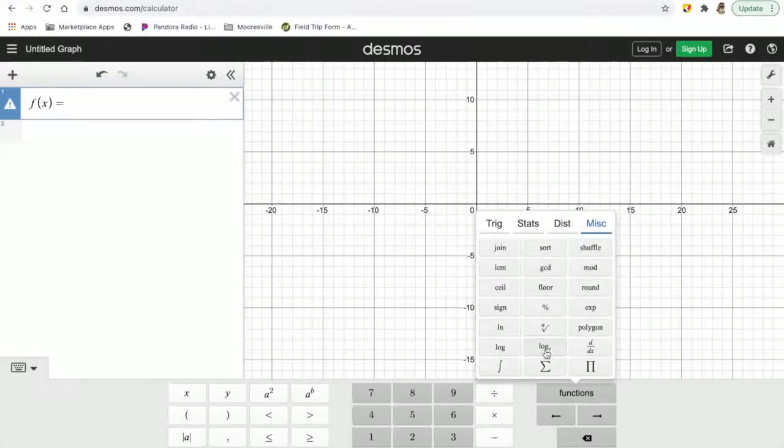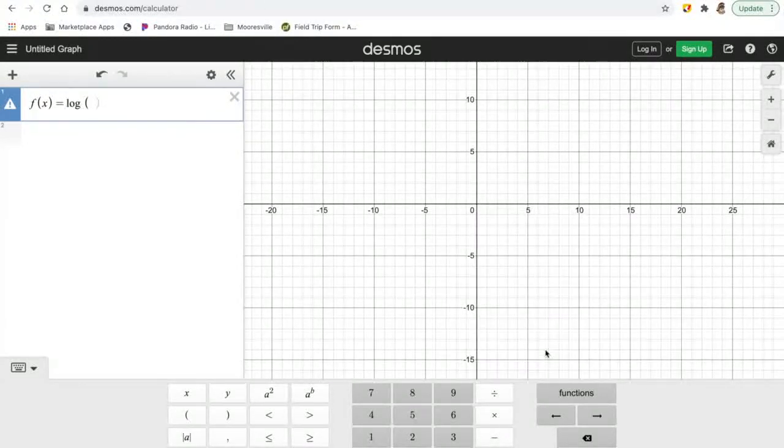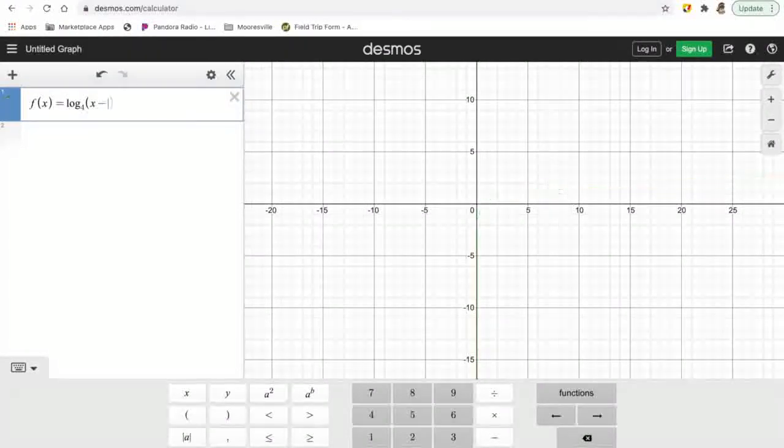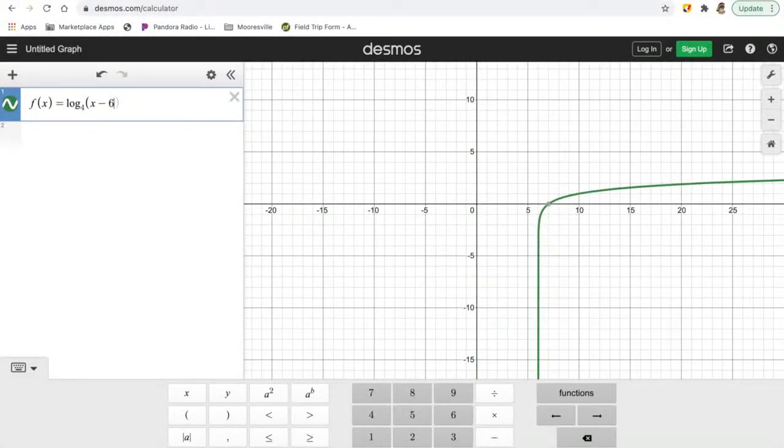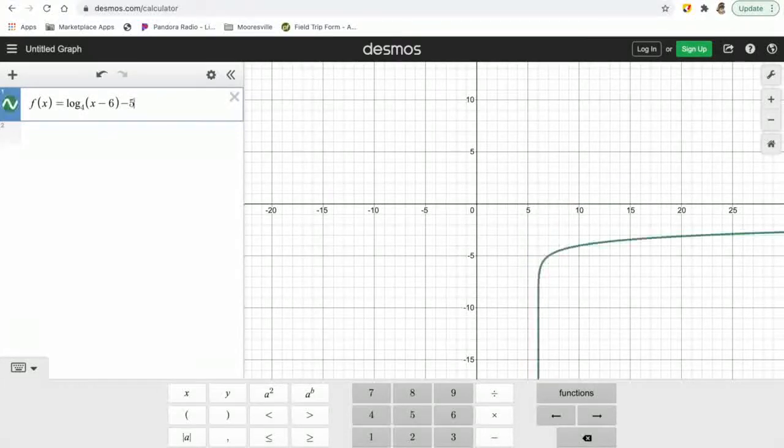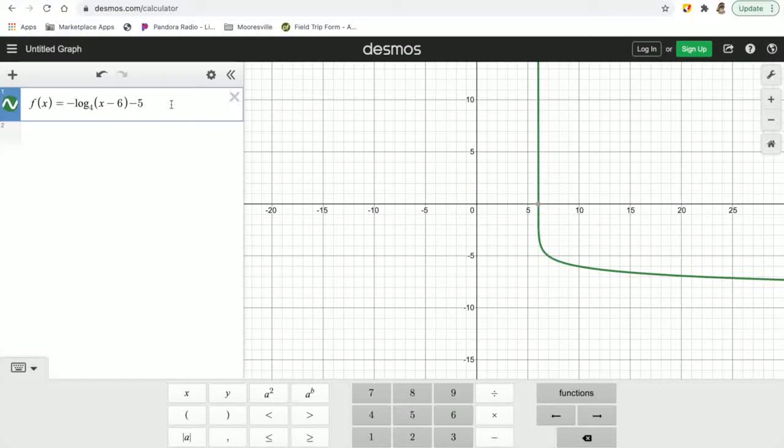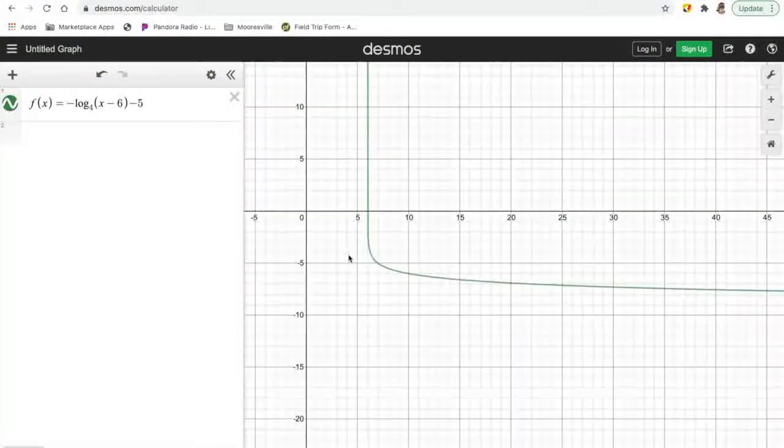But we want to go down here to where it says log base b, and then it'll give you that form. Log, this is base 4, and in there I've got an x minus 6 that I put in parentheses, and then that minus 5 was on the outside, and then I can't forget to put my negative in the front that was there. And then you see you end up with this graph in green.